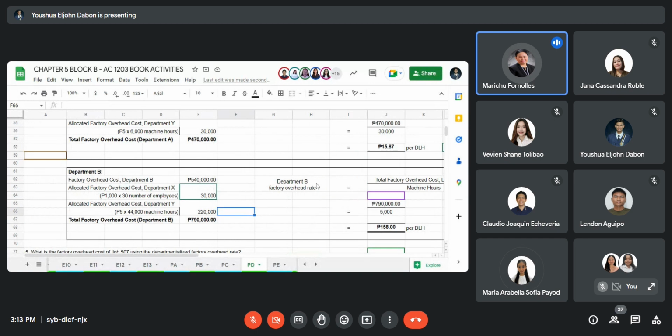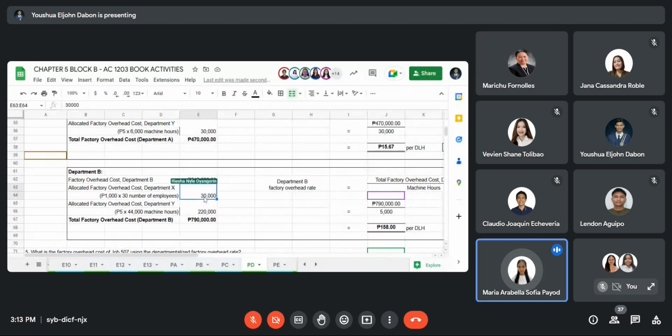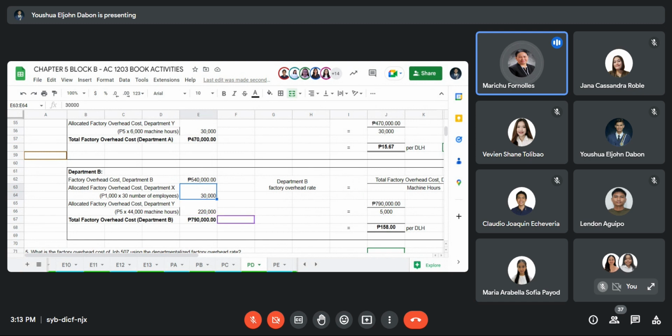The question now is how much is the overhead of B after the allocation of service department cost? The total factory overhead cost, miss, is 790K. 790 thousand, miss. Yeah. So in other words, the additional amount added to B is 250K, miss.